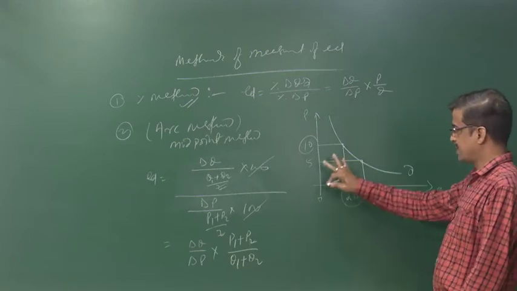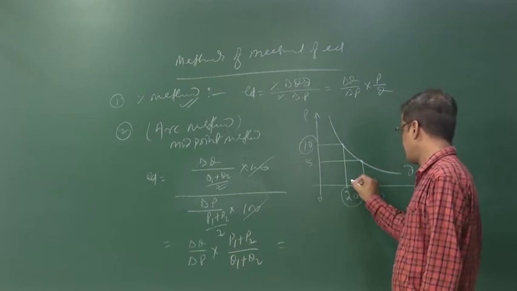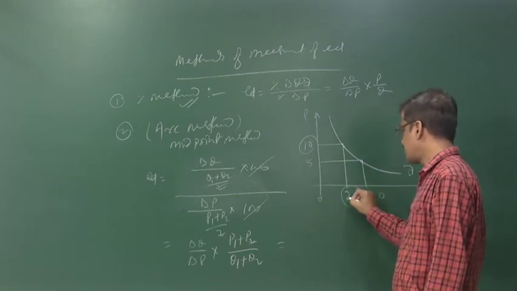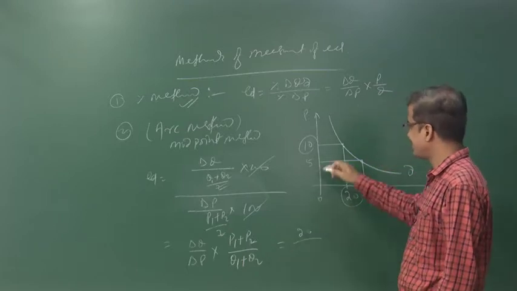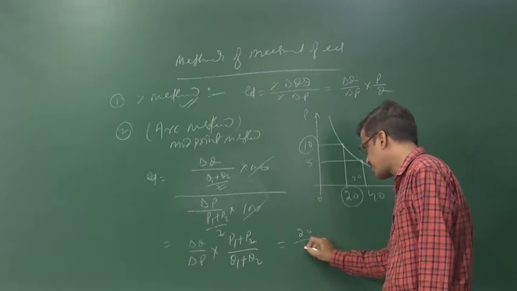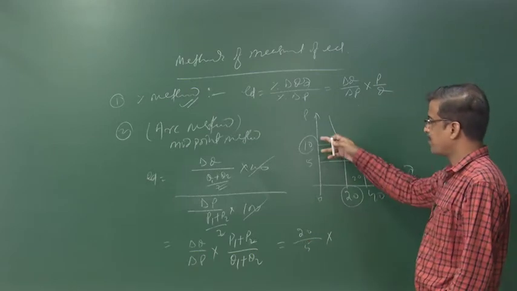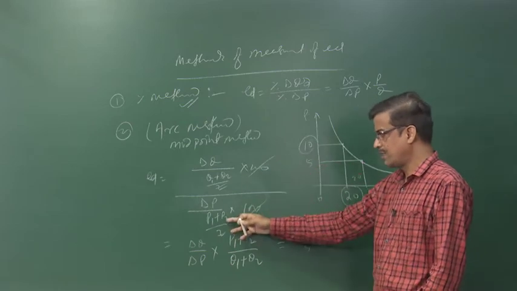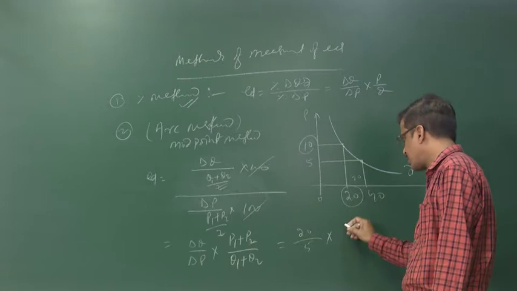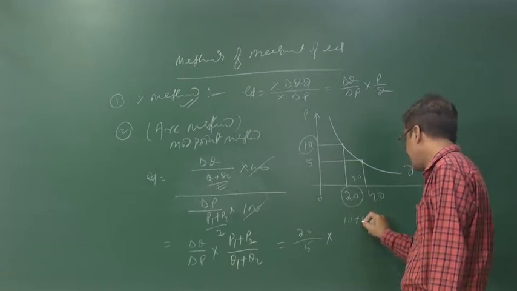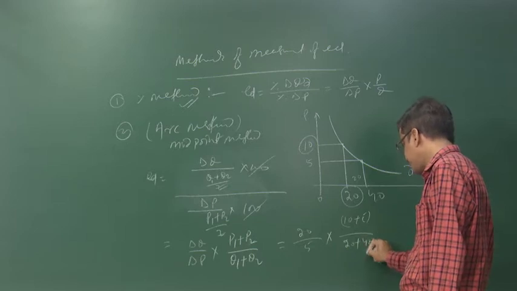Now, putting these things in, what do you find? What is delta Q? How much quantity has changed? 40 minus 20 is 20, and how much has the price changed? 10 minus 5 is 5, multiplied by the price sum, we already have the two prices, therefore just add them: 10 plus 5 divided by 20 plus 40.